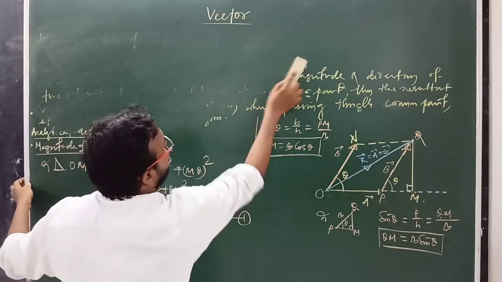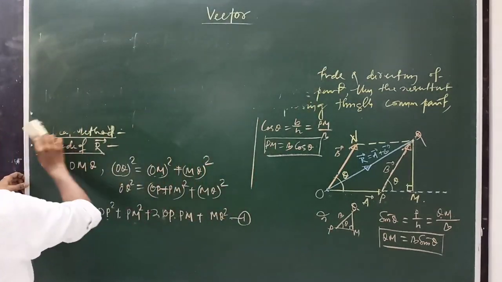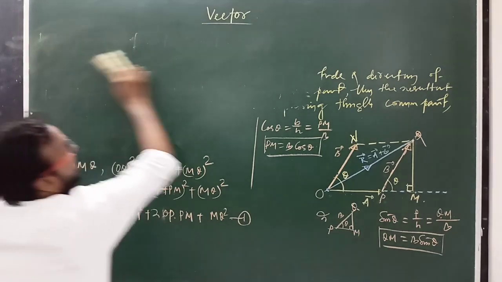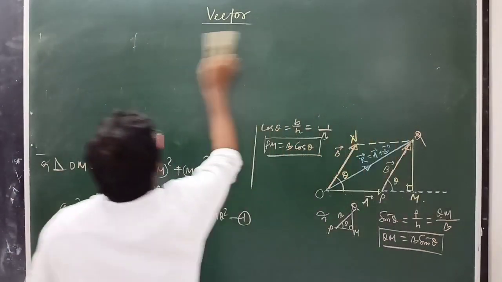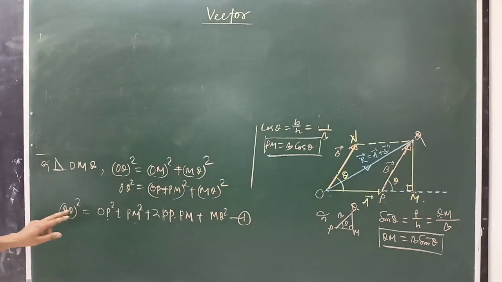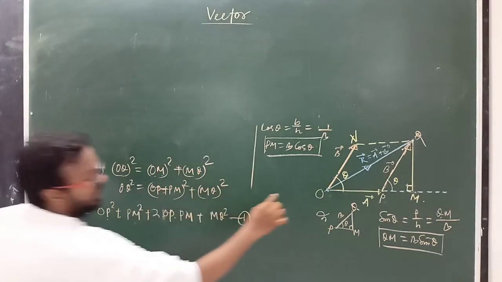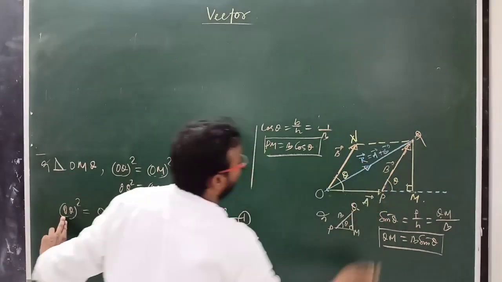Now solve this relation by using the values of QM and PM in equation number 1. OQ is R, its magnitude.